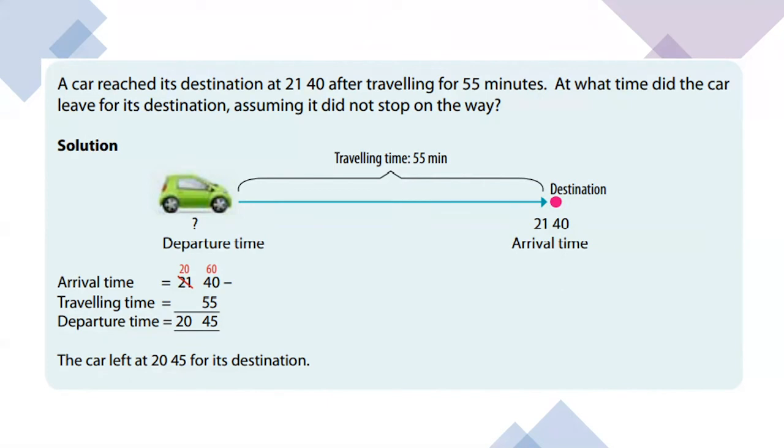So this is just an illustration. We don't know at what time the car left, but we know it reached its destination at 21 hours 40 and the traveling time was 55 minutes. So I need to find the departure time. And here's the working. Arrival time minus traveling time will give me the departure time. The diagram has helped me to know that I have to subtract to get the answer.